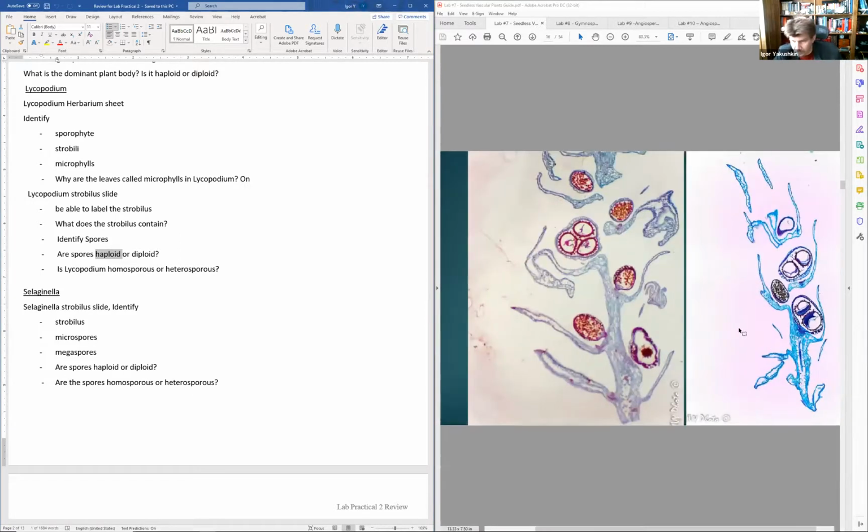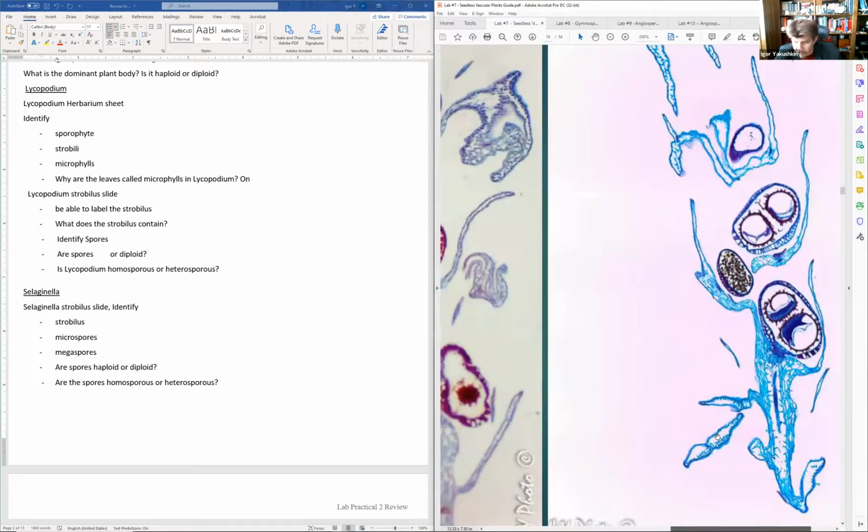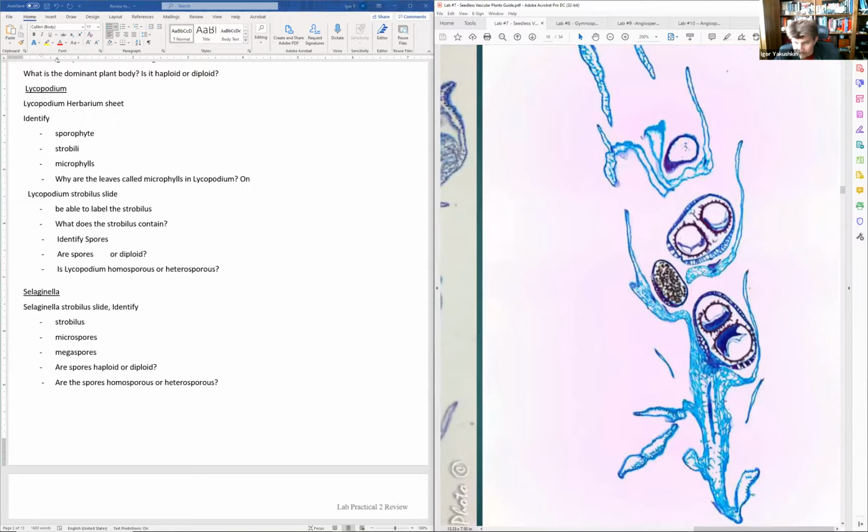So let's take a look at this one. We have a sporangium with tiny little bitty spores, and now we have sporangia with two huge spores. And here's another sporangia with two huge spores. So in this particular case, different size of the spores means that it's heterosporous.